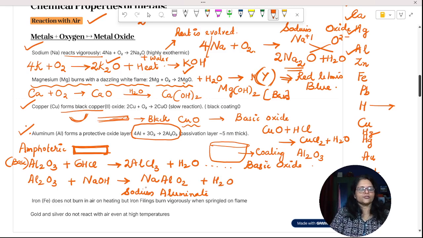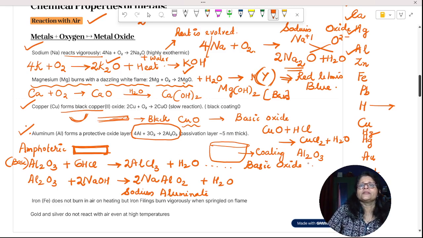Again, this needs to be balanced. You will get Al2O3 plus 2NaOH, giving sodium aluminate.